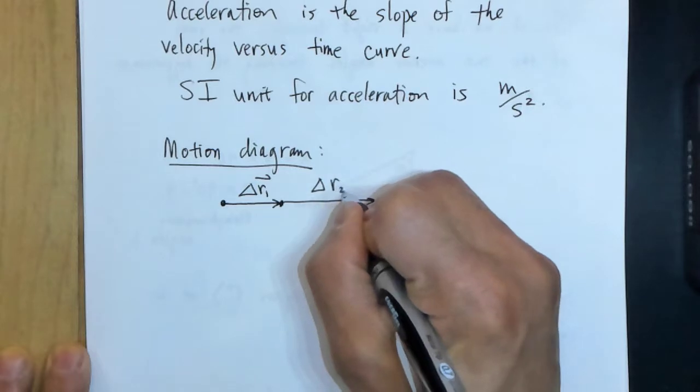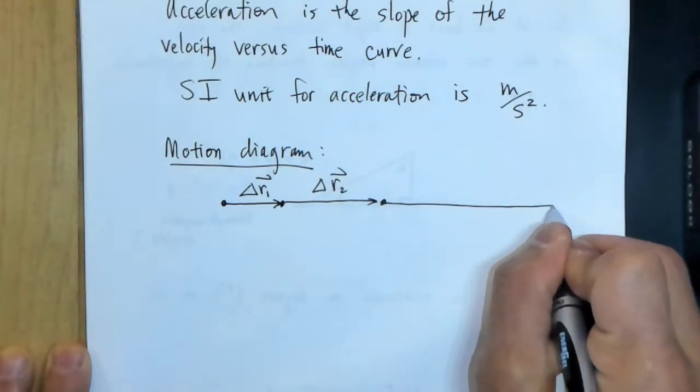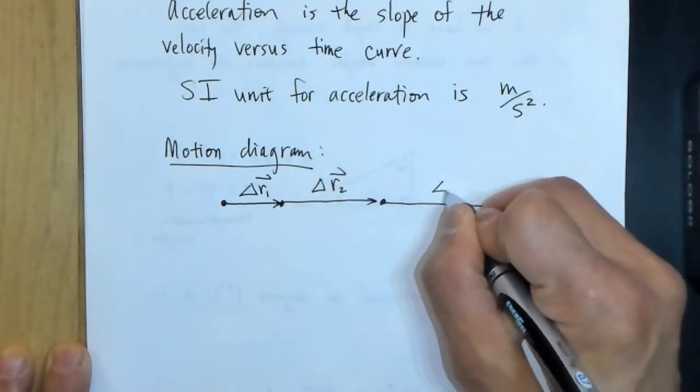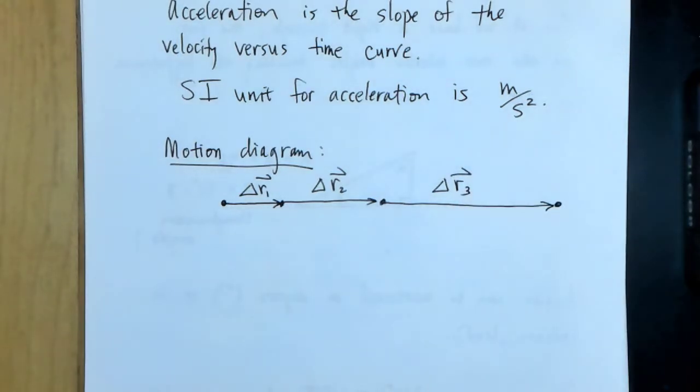Maybe I went a little too far with that, but now I have to go really far. This is delta R3. If I'm looking at this motion diagram and trying to figure out what my average velocity looks like at these various time intervals.